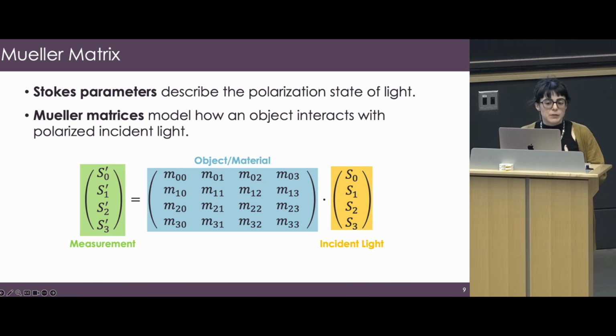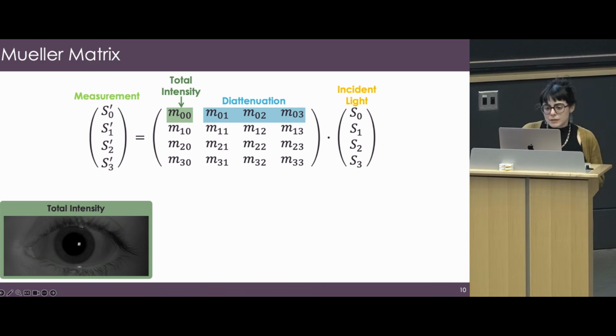So now that we know how to describe this polarization state of light, how can we model how polarized light interacts with an object? And that is done with Mueller matrices. Within a Mueller matrix, we have a bunch of different properties. Here we have total intensity, like a normal intensity image.